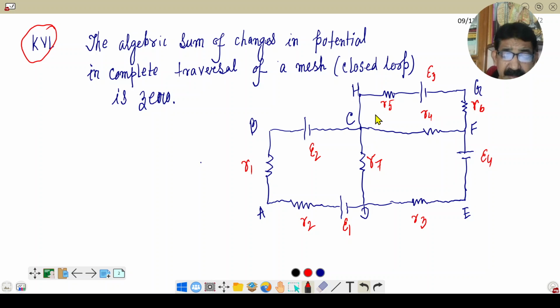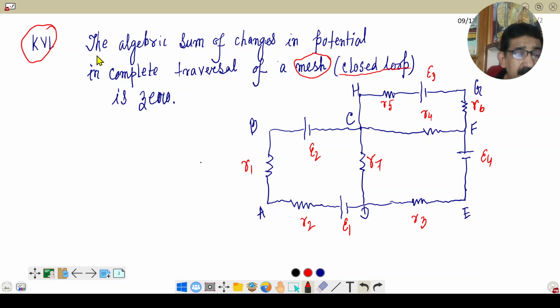We are not discussing the closed loops in detail, just showing you the meaning of a closed loop in a circuit. The words closed loop and mesh are equivalent to each other. Now what is the rule?